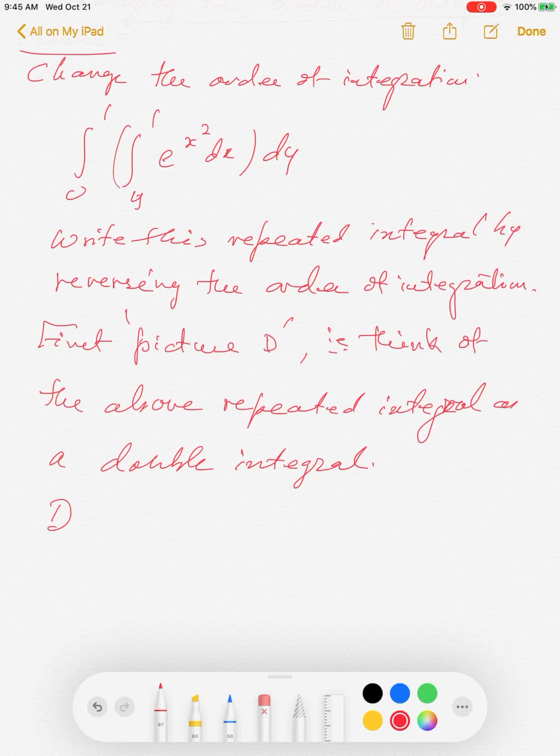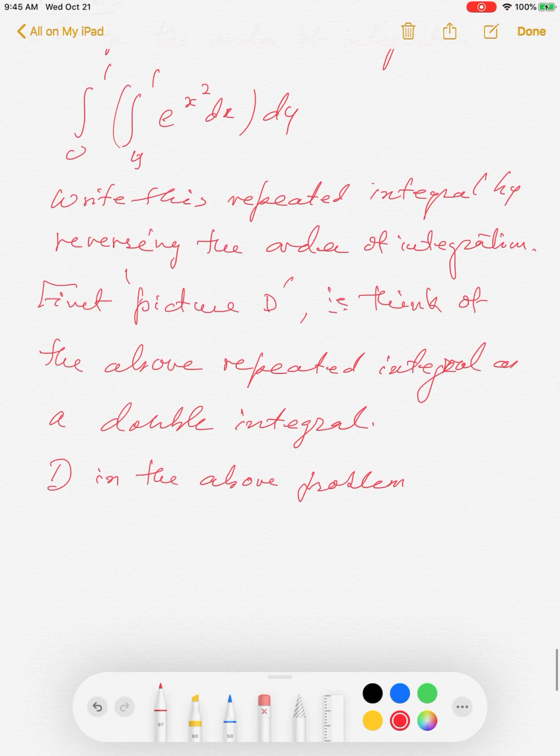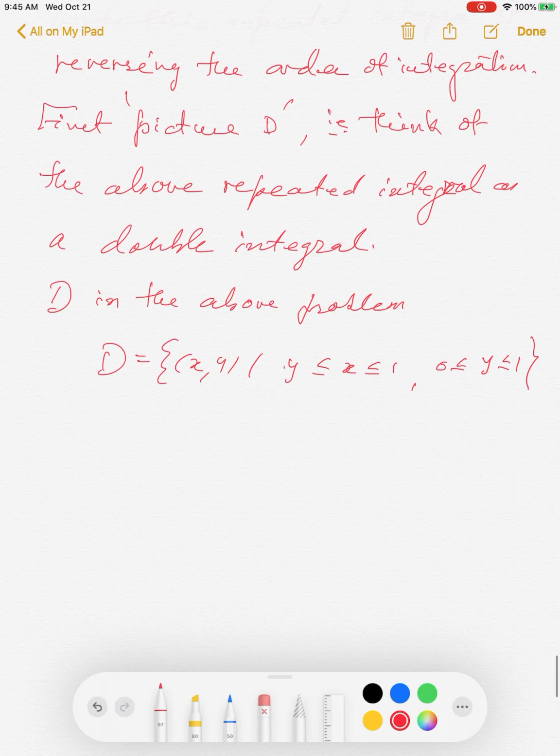So I want to write down what our D is. So D in the above problem. So first you have to picture D. So you have to write down what the D was. D is going to be all points x, y, where my x now runs between y and 1 and y varies between 0 and 1.